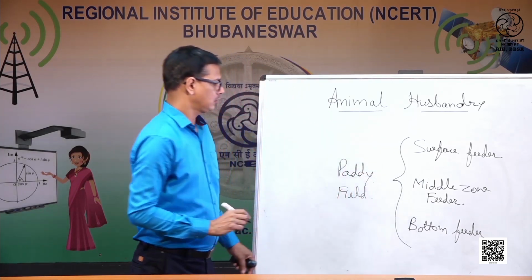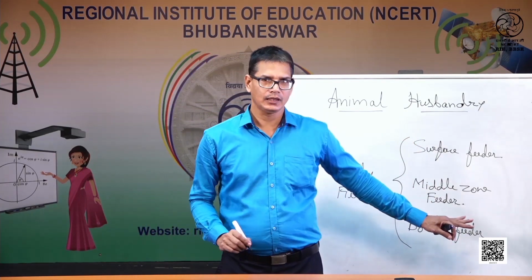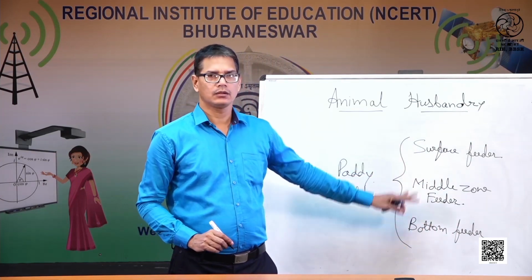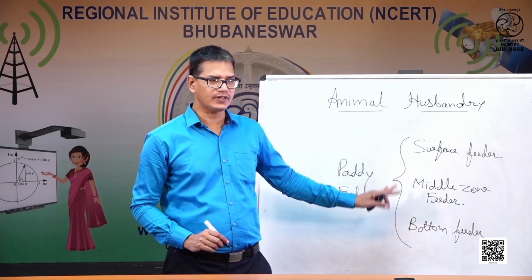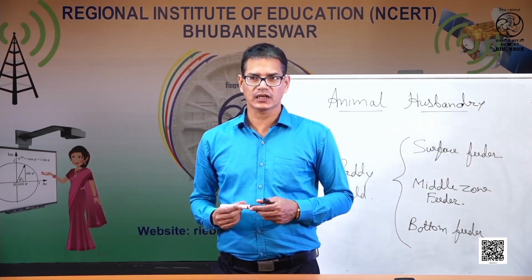That means we get grains as well as fish, and each part of the pond is utilized by the fish, and these are the advantages of composite fish culture.